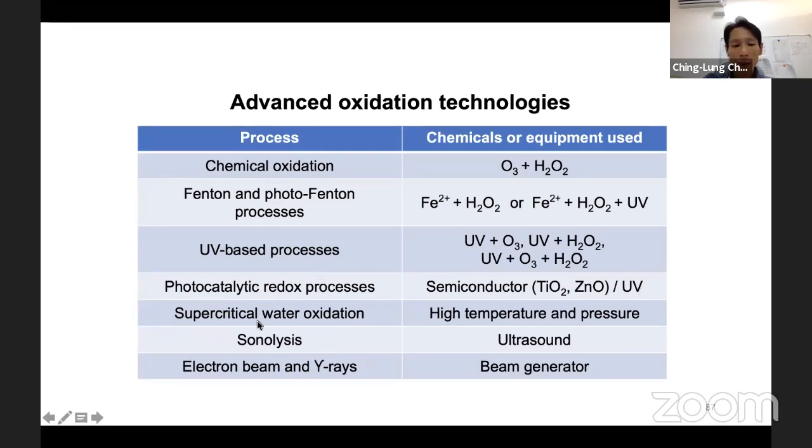The other one is sonolysis. We use an ultrasonic process to oxidize water. Sonolysis actually works very well, but it uses a lot of energy, and this device is very noisy.